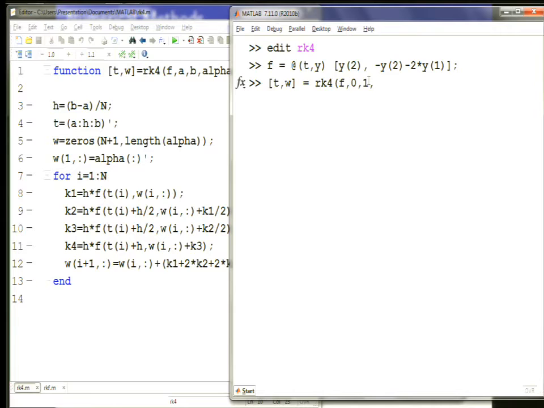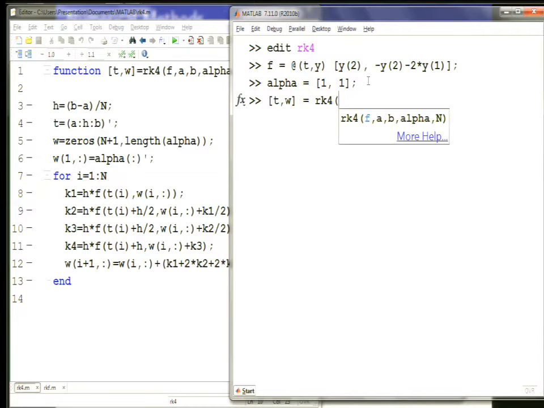Alpha, the initial condition, is also a vector. Maybe we should do that separately. If everything is vector valued, you need to give me one starting condition for each of the variables, right? So in this case, both y1 and y2 need to start. Let's start at 1.